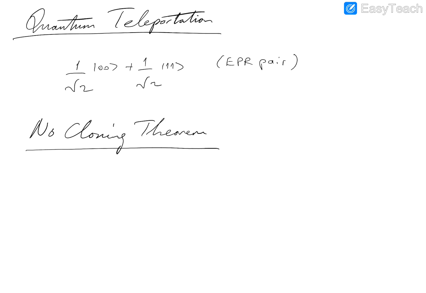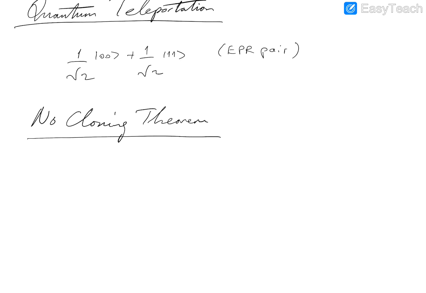Okay. So first we have to define what we mean by making a copy. This can be expressed by hypothetical quantum copy machines. So let's give a definition first.